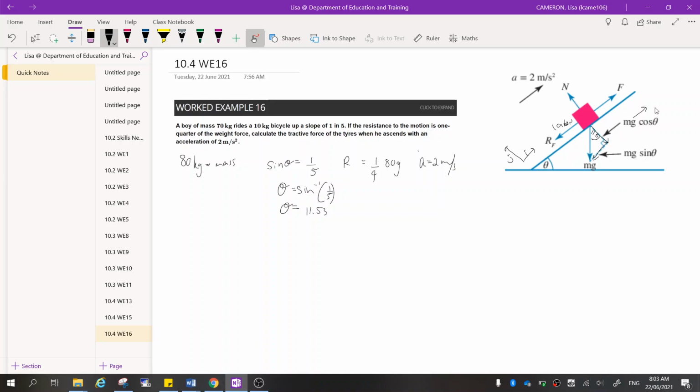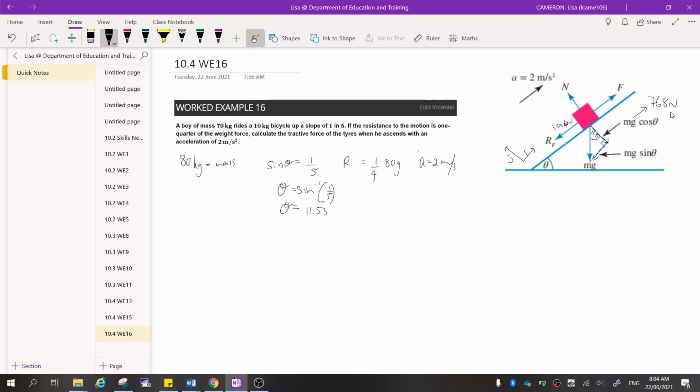So that is going to be 80 times 9.8 cos of 11.53. So that gives me 768 newtons.